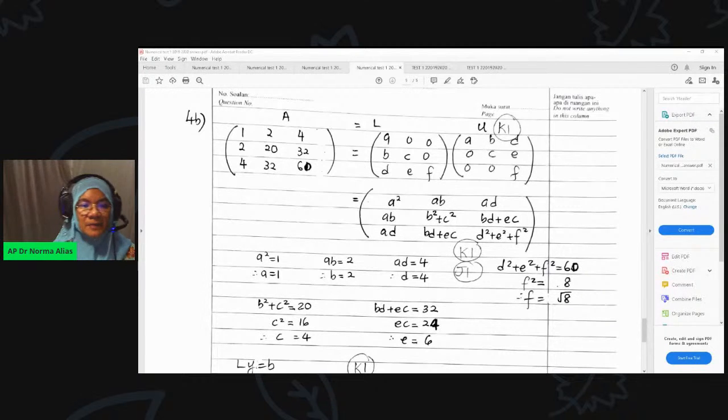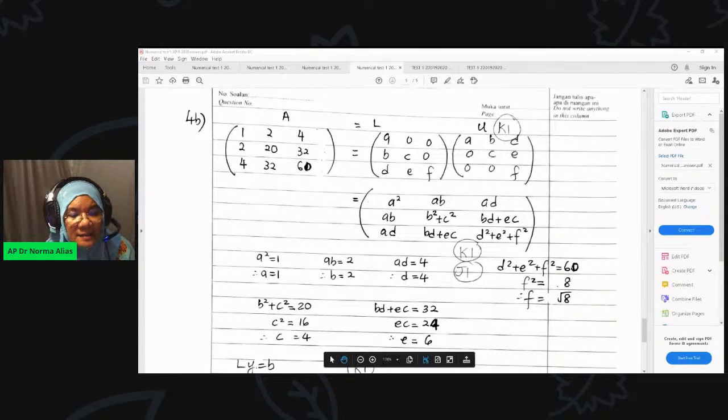Please remember to go to page 48, because it follows the theorem, not the argument that I taught you in class. This one is based on the theorem. Please remember this one.